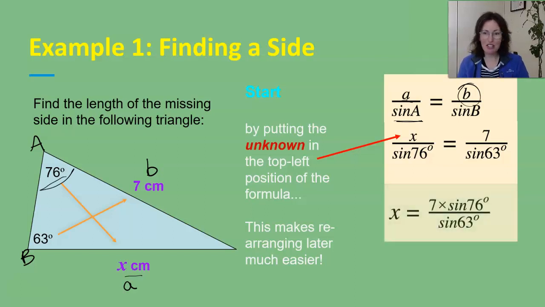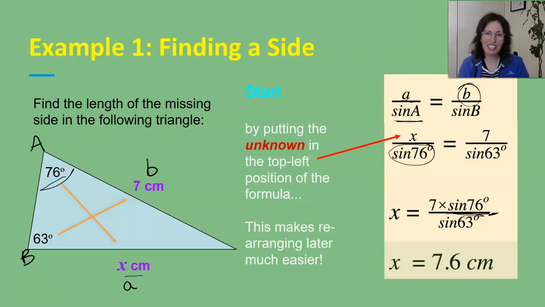And then we need to rearrange. So X is being divided by sine of 76. You multiply both sides essentially by that. And as you can see, that's what we've got written on the right-hand side of the equals here, the multiply by sine of 76, working that out to be 7.6 for X. What are its units? It's a side length, so it's centimetres.